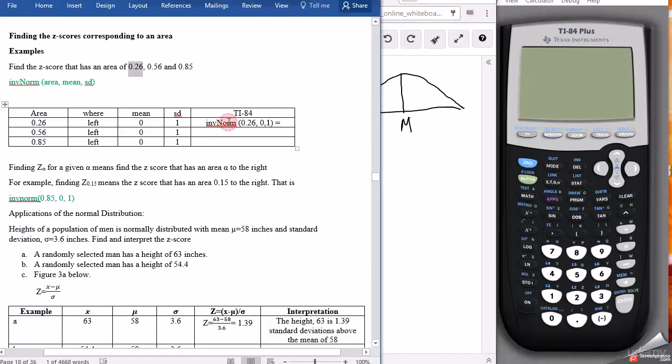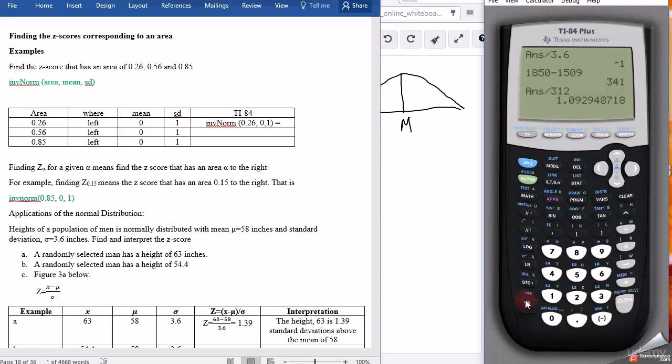To do that, we're going to use invNorm. So we'll go to our calculator and turn it on. We'll go to 2nd VARS, where we have the distributions. Number 3 is invNorm, so we'll select number 3, and the area is 0.26.